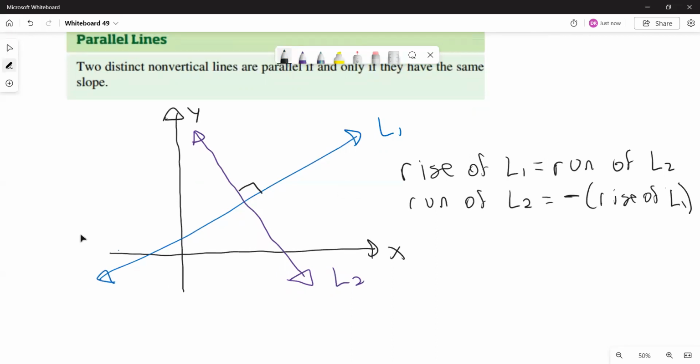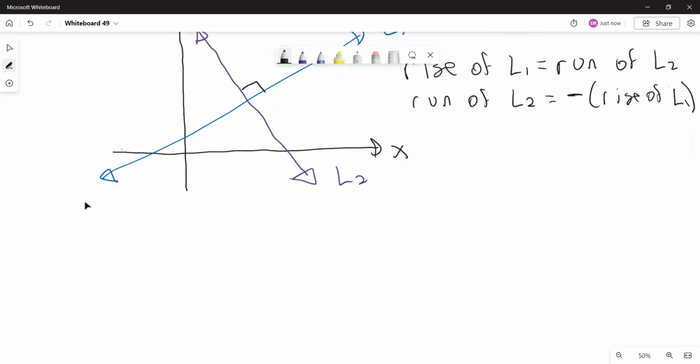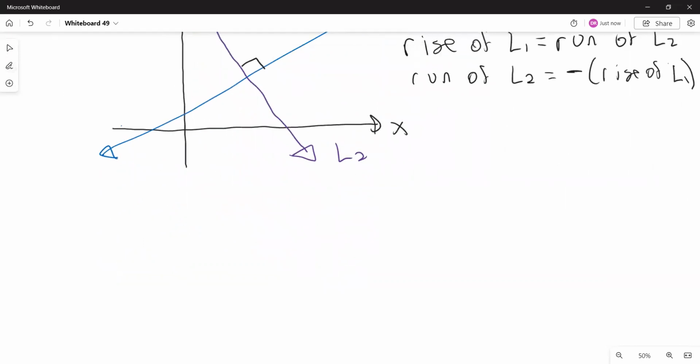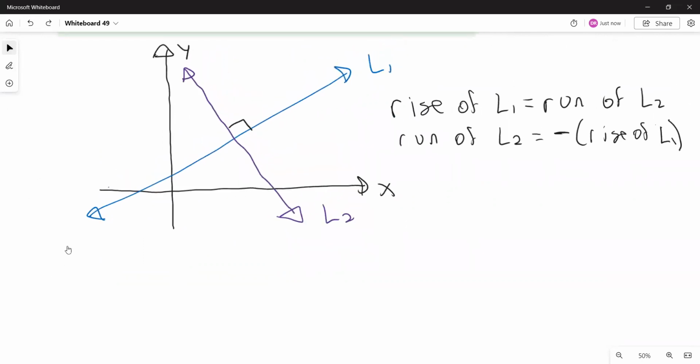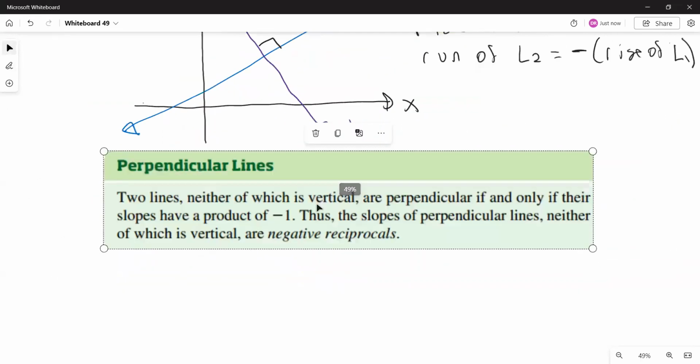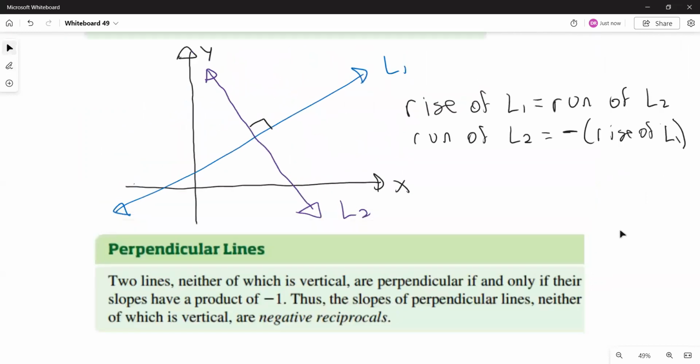And the slopes are going to have the following relationship. That's also on page 237. Two lines, neither of which is vertical, are perpendicular if and only if their slopes have a product of -1.